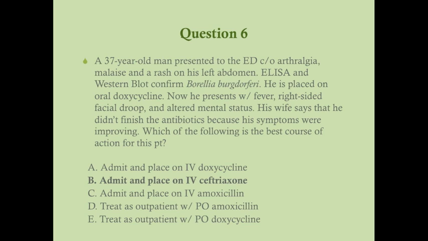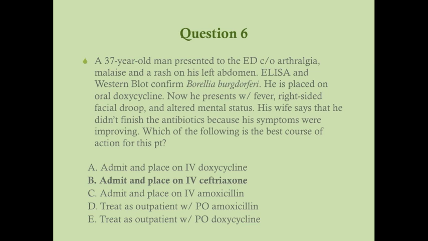I suppose you could make it more complicated, but for the most part, what you need to know for the test is that a patient with Lyme's disease, as long as they're not having neurologic or cardiovascular symptoms, can be on PO doxycycline. If they begin to have more complicated symptoms, particularly neurologic symptoms, as we see here, then they're going to need to be on something stronger, something IV, and that's going to be ceftriaxone in most circumstances.